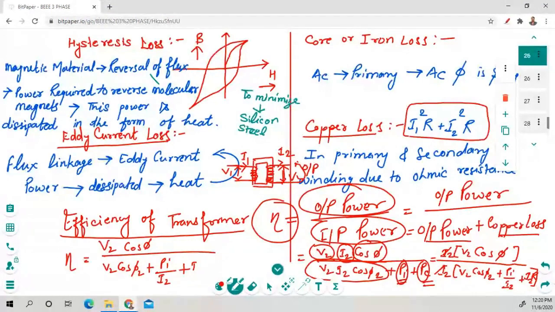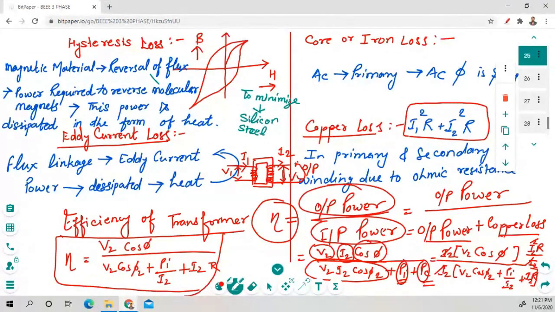Then we have to put the value for this copper loss. What is the copper loss right here? Copper loss is I2 squared into R, divided by I2. So this I2 is cancelled out. What is present in the denominator? It is I2 into R. Okay. So have you understood this? How we have calculated this efficiency?